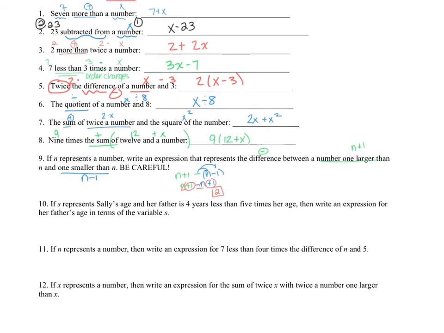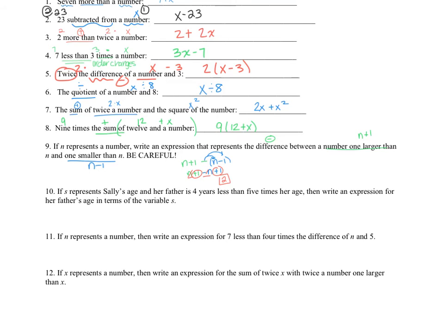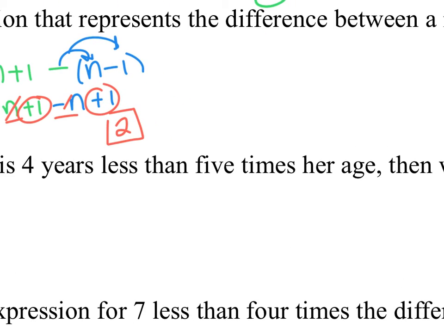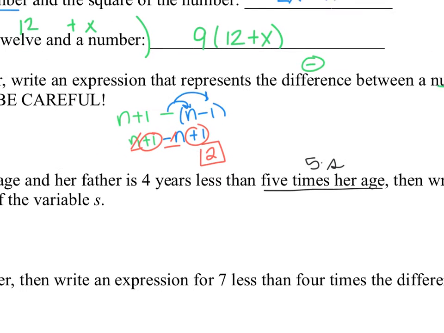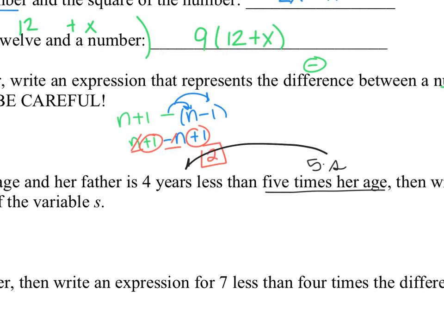Number 10. If S represents Sally's age and her father is 4 years less than 5 times her age, write an expression for her father's age in terms of the variable S. Well, S is Sally's age. Her father is 4 years less than 5 times her age. Well, we know 5 times her age is going to be 5 times S. Less than means my 5S comes first, my 4 comes next, and I want to take away 4.